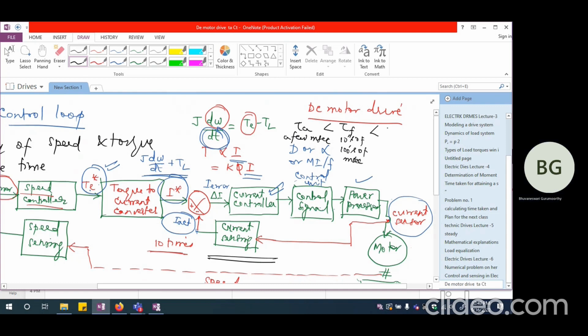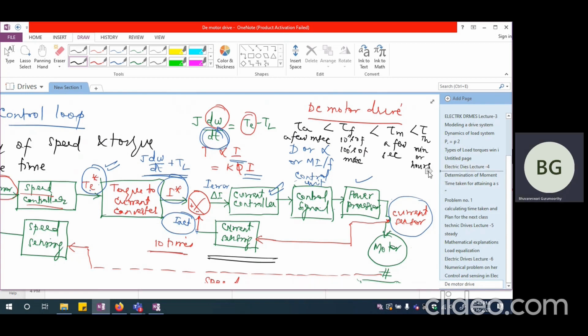Compared to that, the mechanical time constant is going to be at least a few seconds. Compared to all this, the thermal time constant is going to be much, much higher. This may be of the order of minutes or hours also sometimes. So these are the different time constants normally involved in a drive system.